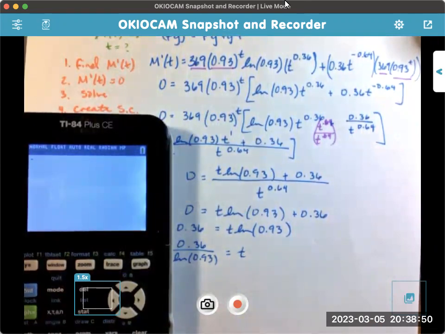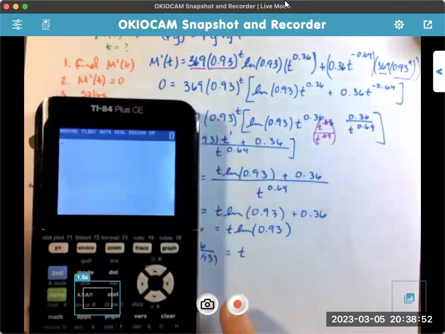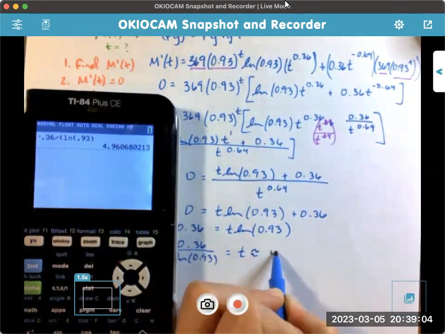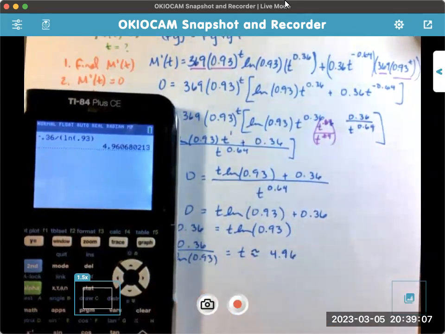I need my negative 0.36, right? See, this is why I need y'all here. Natural log of 0.93. Now we're in business. He is approximately 4.96, maybe 5 years old. Okay, about 5 years old is the maximum mass.